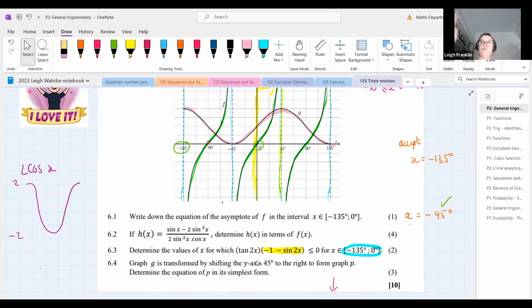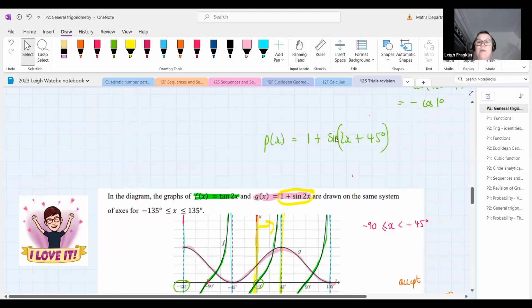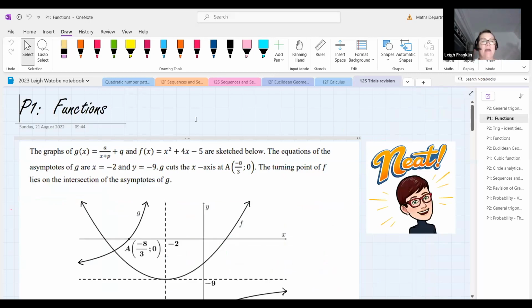So if you move the axis to the right, the effect on the graph is to move it to the left-hand side. Because by moving the y-axis to the right, the graph is shifted to the left. And that's why, if the graph is shifted to the left, it would be sine 2x plus 45. Okay, Katlego?